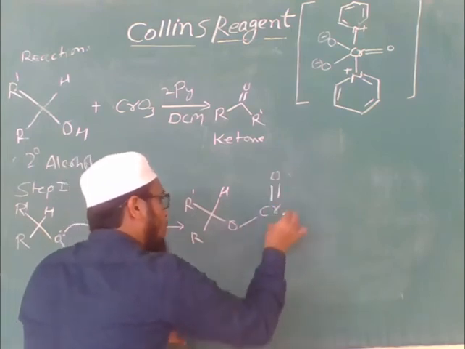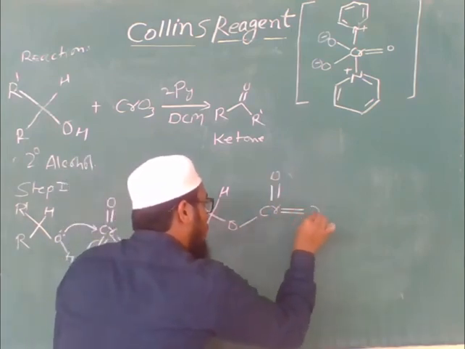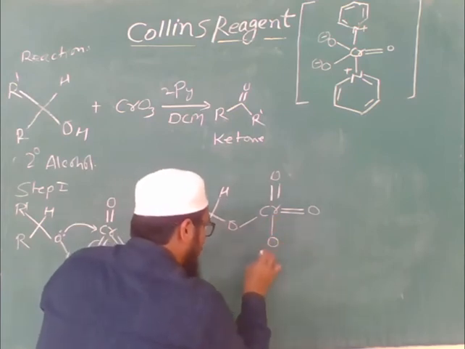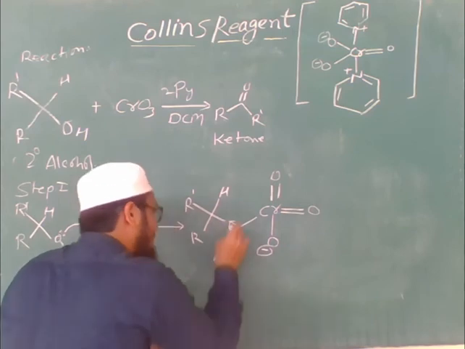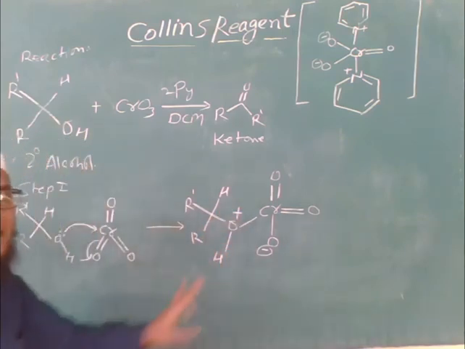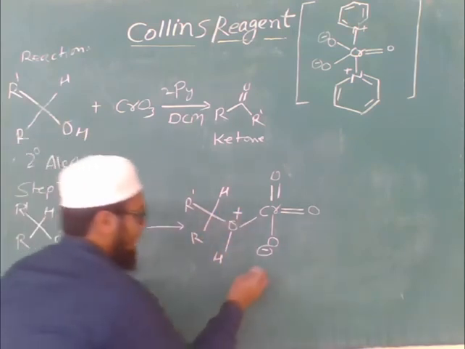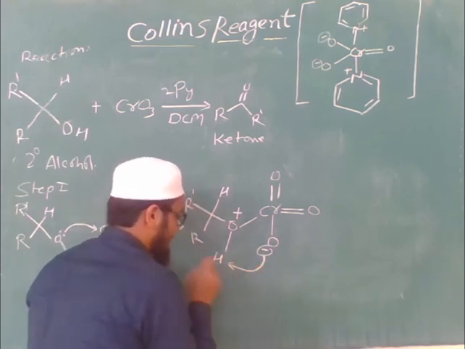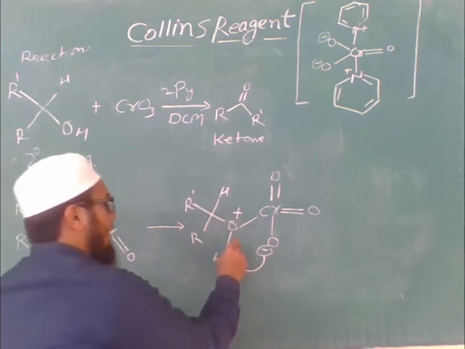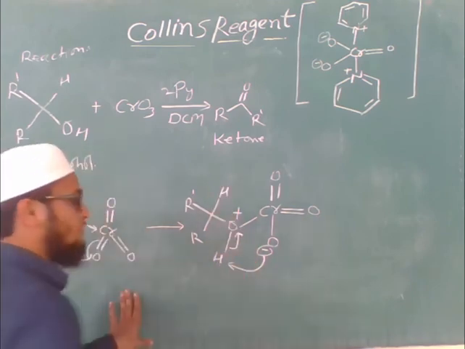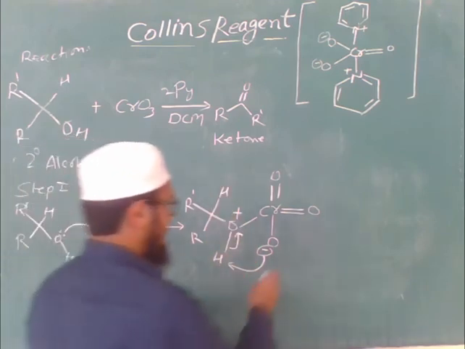Double bond O, double bond O. This O has a negative charge. This oxygen has hydrogen with a positive charge because it is trivalent. So what will it do? It will attack with this hydrogen, and the hydrogen-oxygen bond electrons will turn towards oxygen to neutralize it. And what will we get?